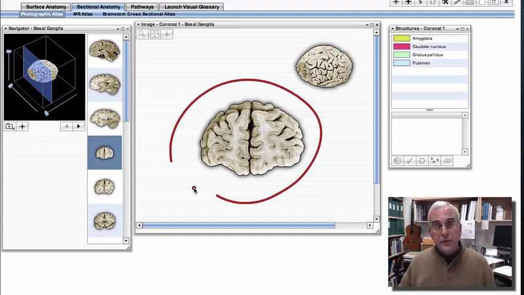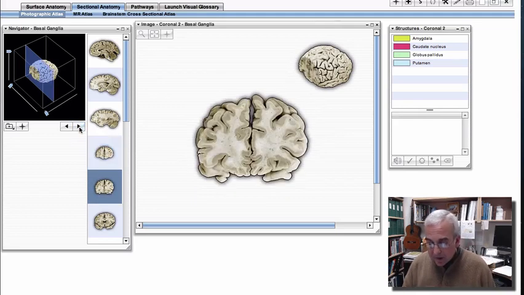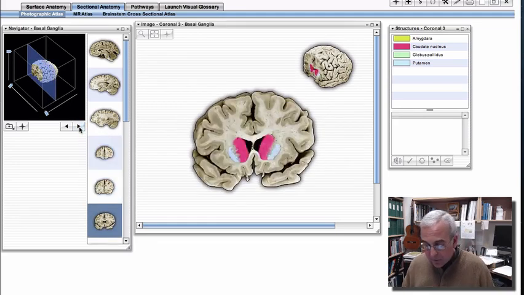Just a reminder that the basal ganglia are set in towards the center of each hemisphere. So if we section back now another centimeter or two, now we begin to see the basal ganglia as they're arranged around the very anterior edge of the internal capsule. We call this the anterior limb of the internal capsule. Now notice what we see.